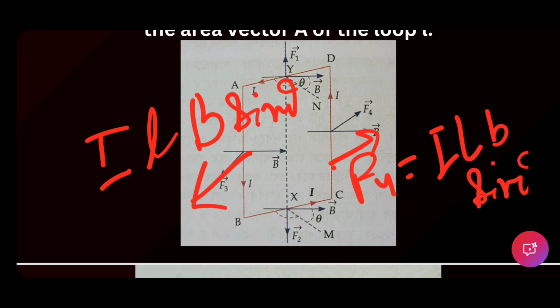In each case, the direction of F3 and F4 should be calculated using Fleming's left hand rule, right? And how will F3 and F4 act? Their lines of action will not be the same this time.